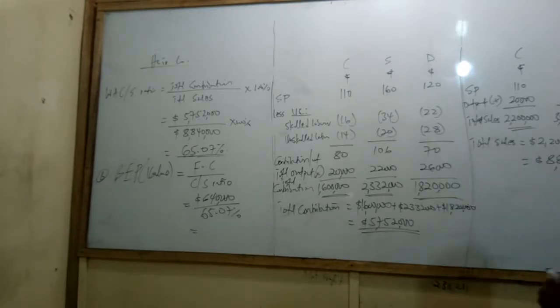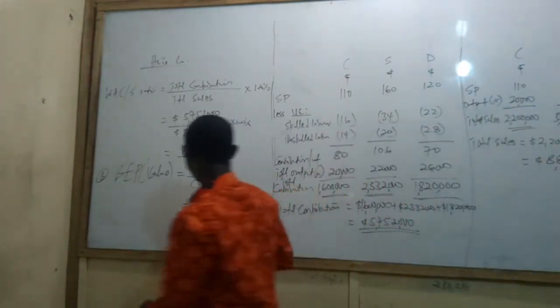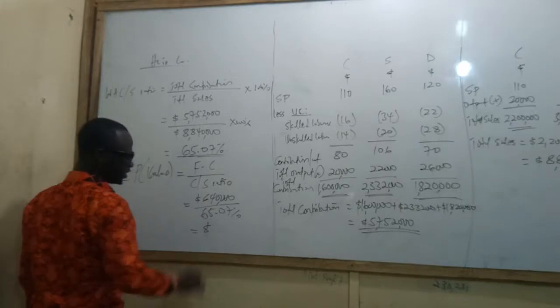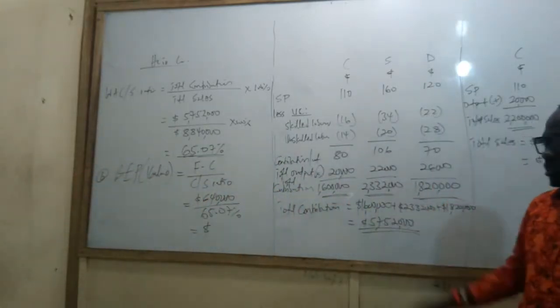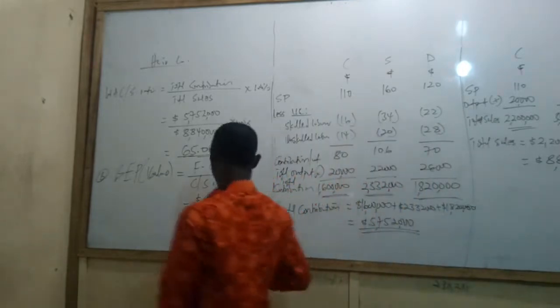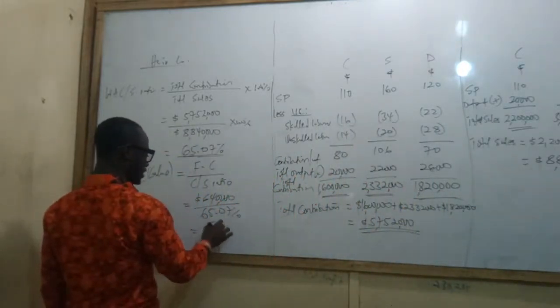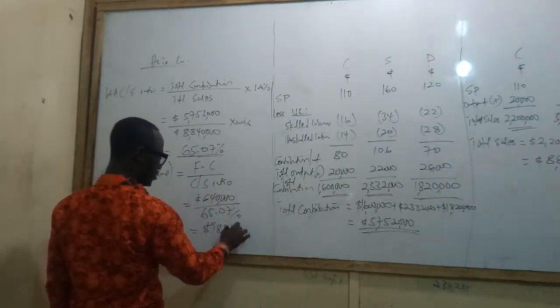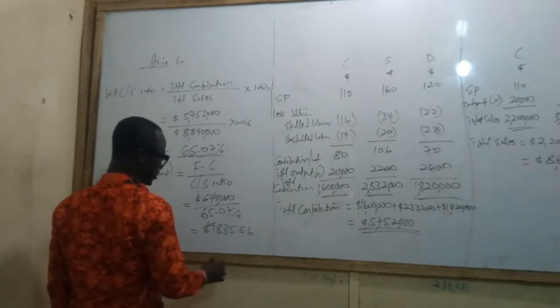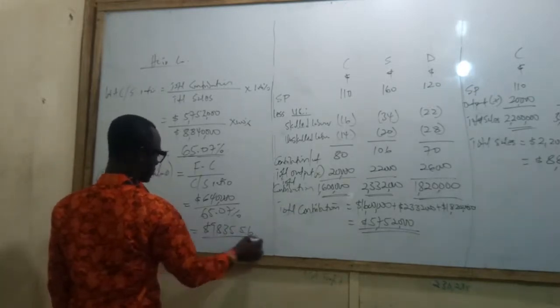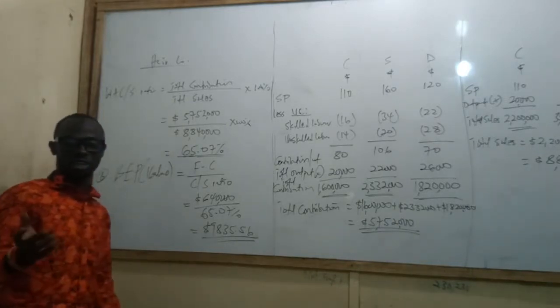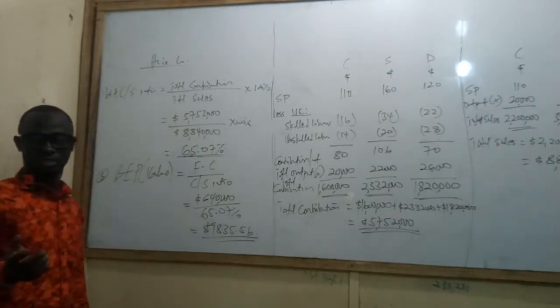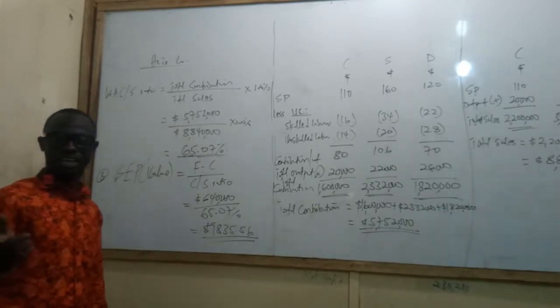Why are you getting an answer that is not familiar? So it will be 9835.56. Is that what you are getting? No? What are you getting?